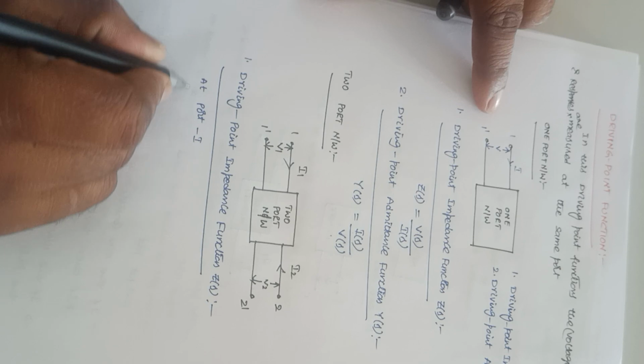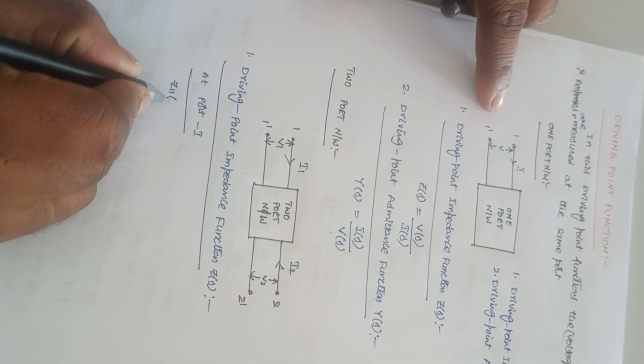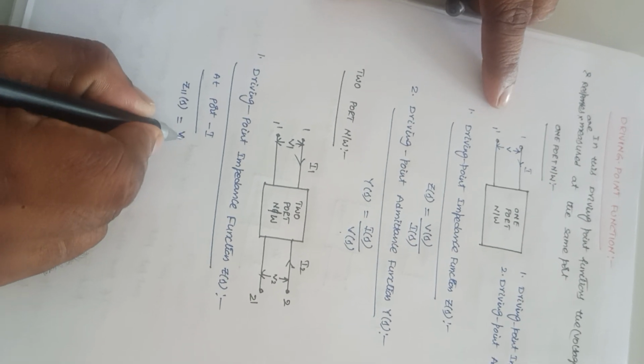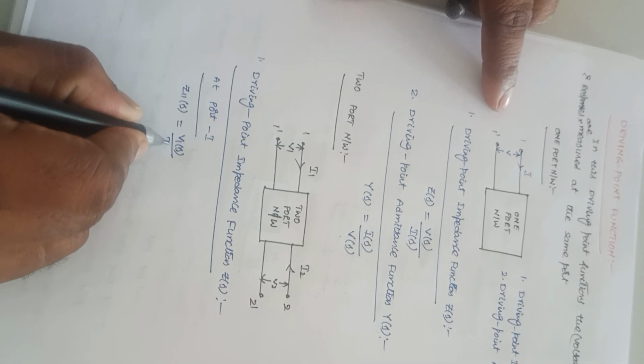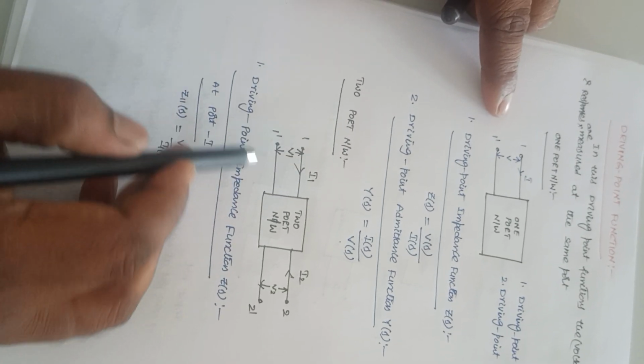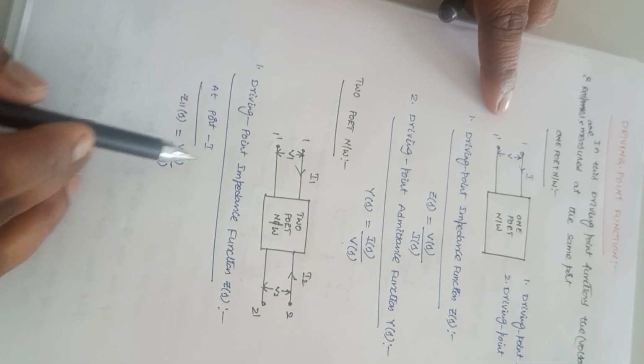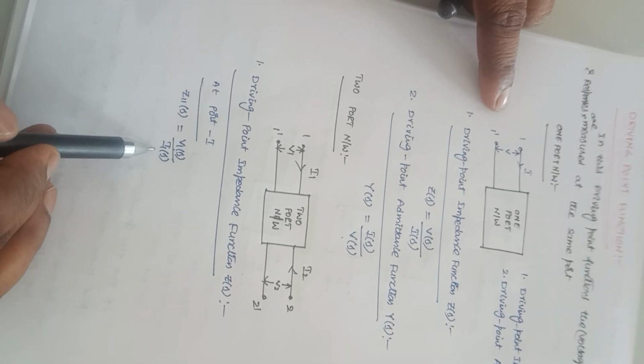The driving point impedance function at port 1 is Z11 of s, which is equal to V1 of s divided by I1 of s.